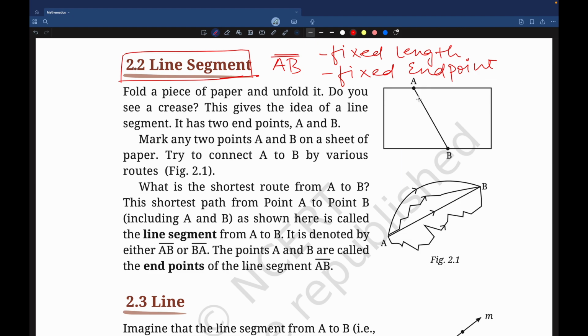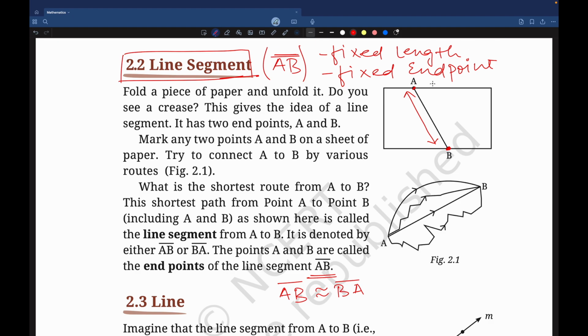This is the example given, that is line segment AB. Line segment AB has fixed end points and fixed length. Line segment AB is denoted by AB bar. We can also write AB bar is same as BA bar.